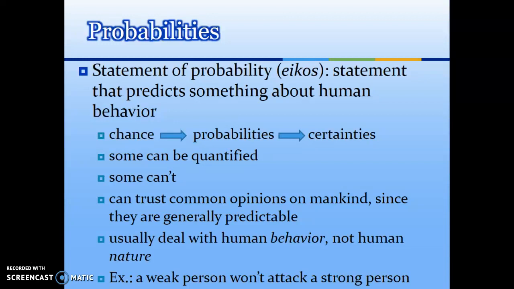And you go from, as always, a spectrum from total random chance, where you have no way to quantify it, to probabilities, where maybe you can quantify it better, and to more certain realms of, yes, we know this is true, this is pretty much how humans behave, how it always will happen. We can tell not just a high degree of probability, but we are certain, that sort of thing. So there are different ways to quantify human behavior, right?